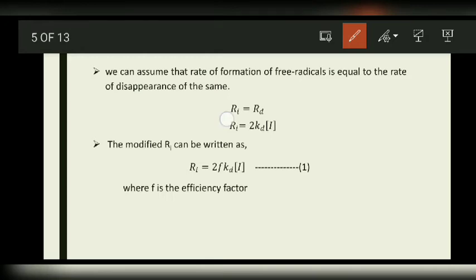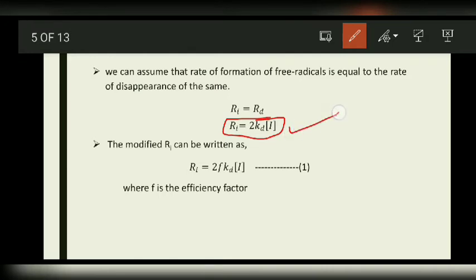So what can we write? Ri is equal to Rd, that is the rate of initiation will be equal to the rate of decomposition. So we can write the rate of initiation in terms of Kd like this, that is Ri equal to 2 Kd [I].